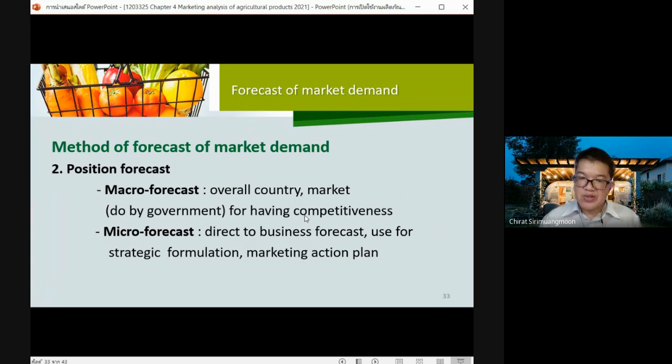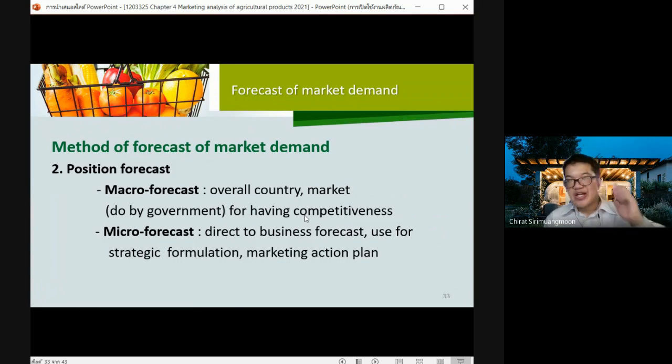So if you do a macro forecast for Thailand or the Thai market, then you can have some information and predict what will happen next year. For example, if Thailand wants to know about rice demand, they will do a forecast and use information from 5 years ago to see the trend.